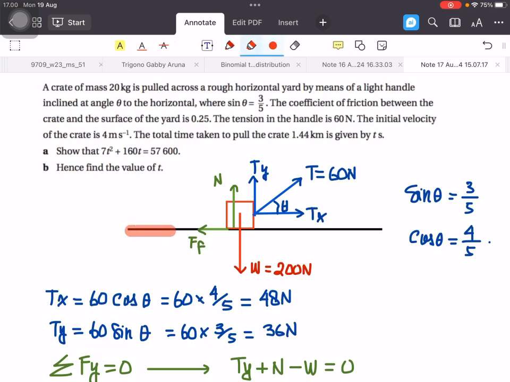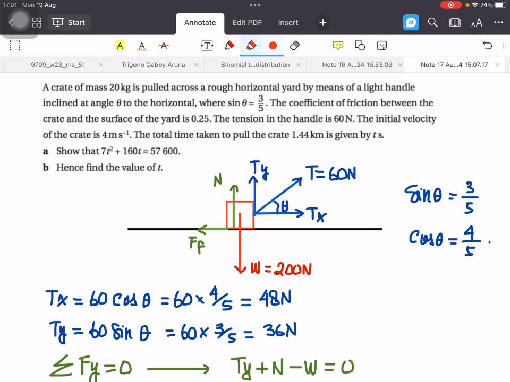So students, this is the free body diagram in which the crate lies on a horizontal ground, but the tension makes angle theta degrees to the horizontal, in which sine theta is 3 over 5, and we can conclude that cos theta is 4 over 5. We can split the tension into x direction and y direction.